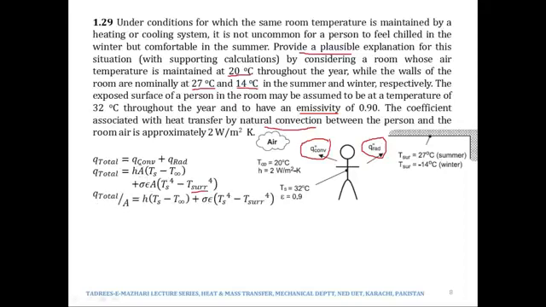We are not given the area of that person's body, so we will take the area into the denominator of Q and calculate the heat flux Q by A, watts per square meter. The right hand side is h times delta T plus sigma epsilon (Ts^4 minus T walls^4).